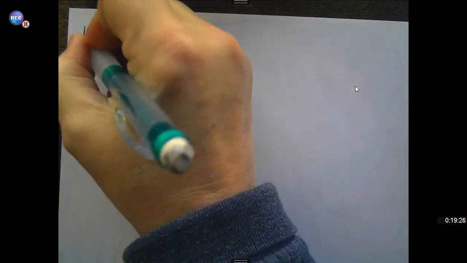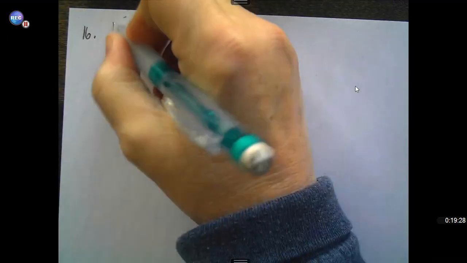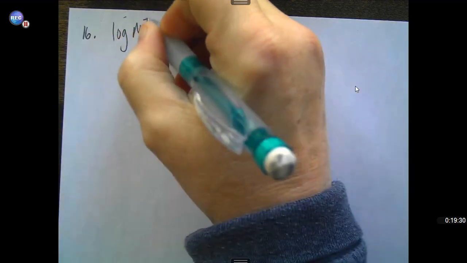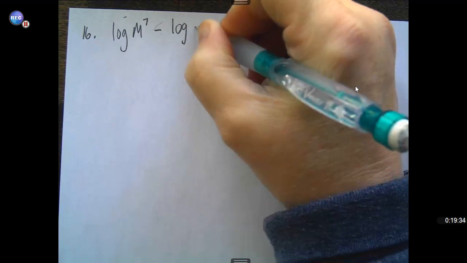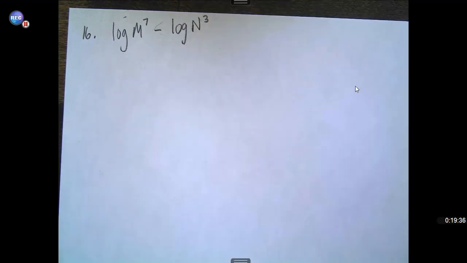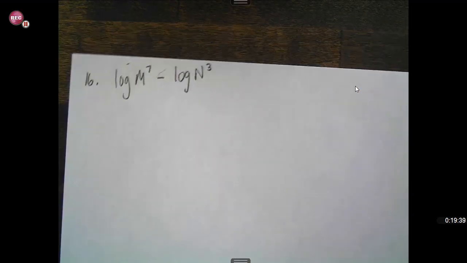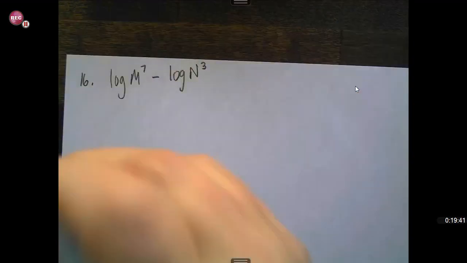I need another sheet of paper. Here we go. So number 16, similar problem. Log of m to the 7th minus log of n to the 3rd. And really, all I need to do here is get rid of those exponents.